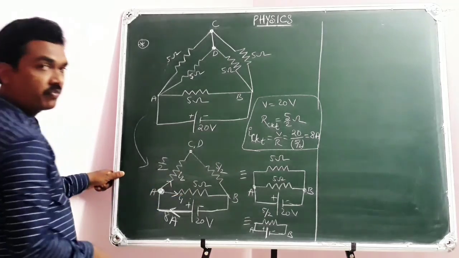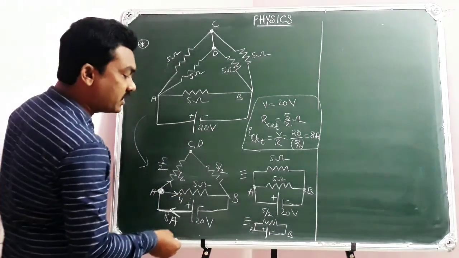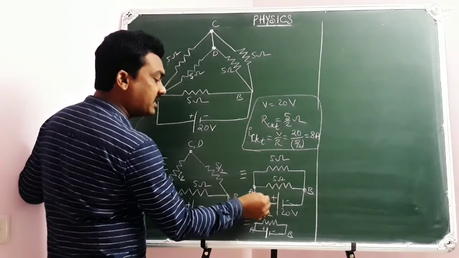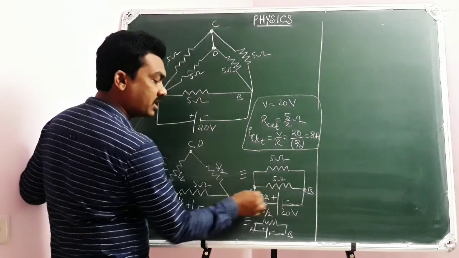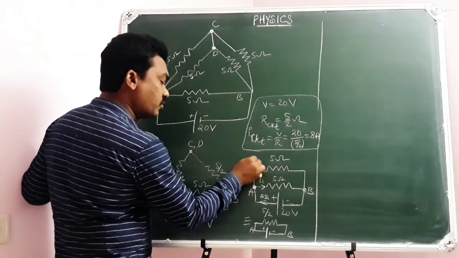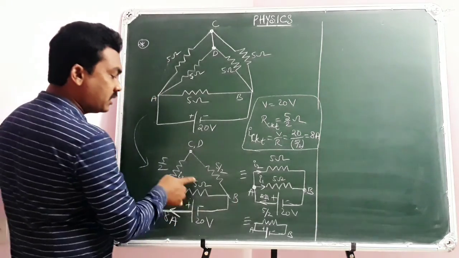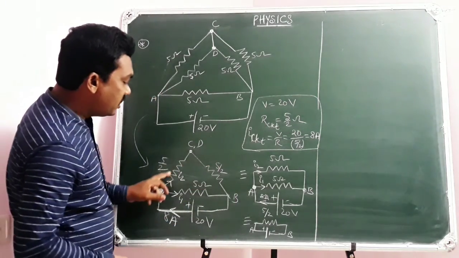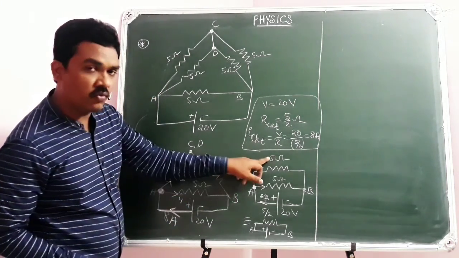It finds the division. If 8 amperes current is drawn in the electric circuit, it divides at A as I1 and I2. Now in this path, there are equal resistances, because 5 by 2 plus 5 by 2 will give 5 ohm.